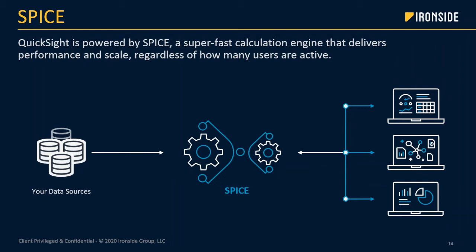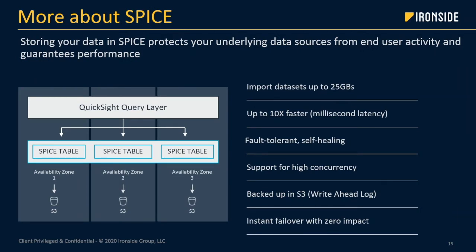You have the ability to refresh SPICE-based data sets on a schedule or on an ad hoc basis should the need arise. So some additional information about SPICE. It's incredibly fast and resilient with fault tolerance and high availability built right into it. Okay, so you don't need to worry about backups here. That's all taken care of.